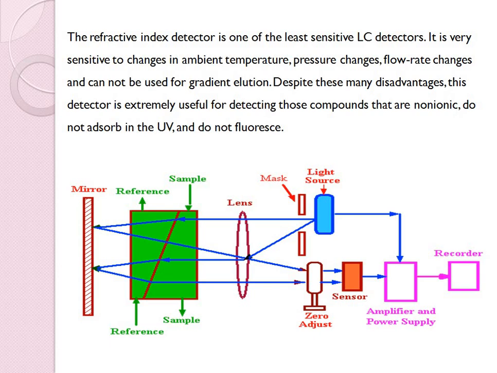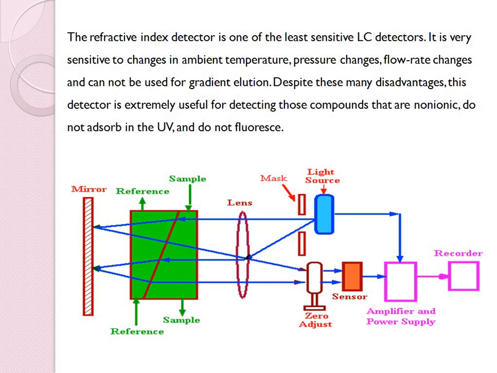Now this is the diagram of the refractive index detector. Here a glass cell is divided into two cells, the reference cell and the sample cell. The effluent from the liquid chromatography column flows through the sample cell, while the reference cell is filled with only mobile phase.